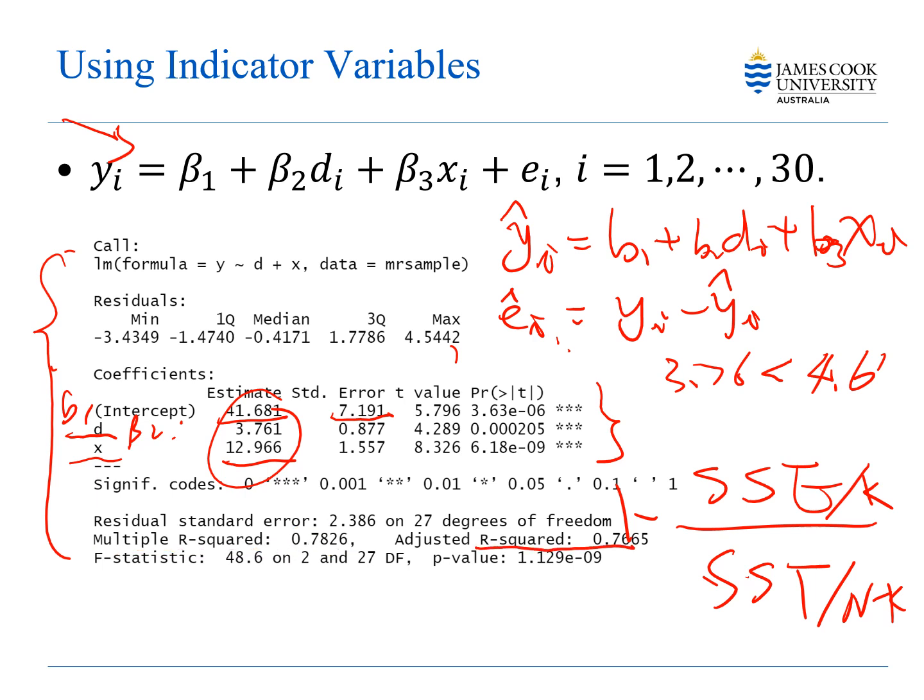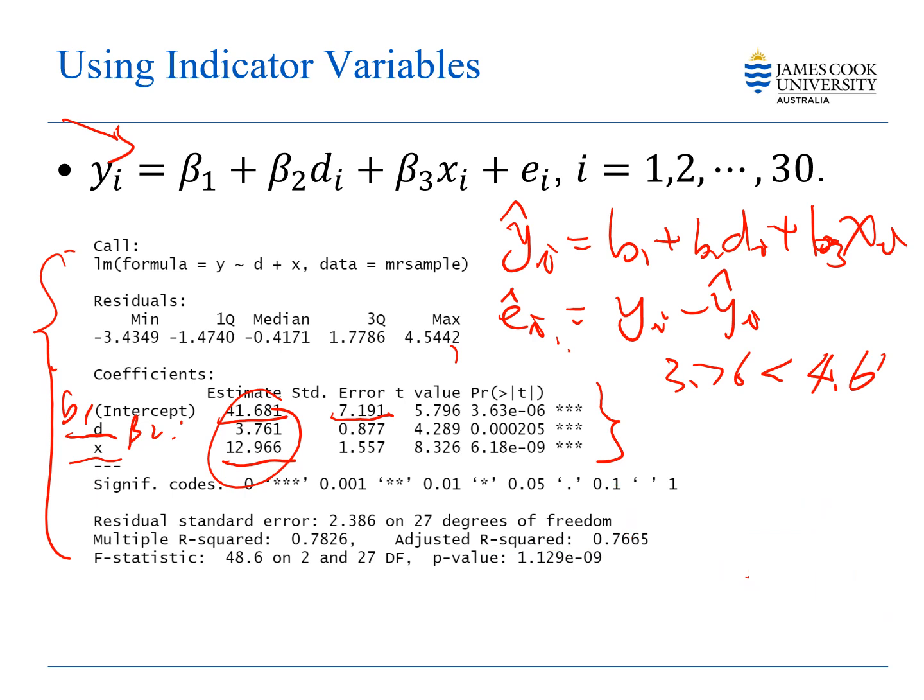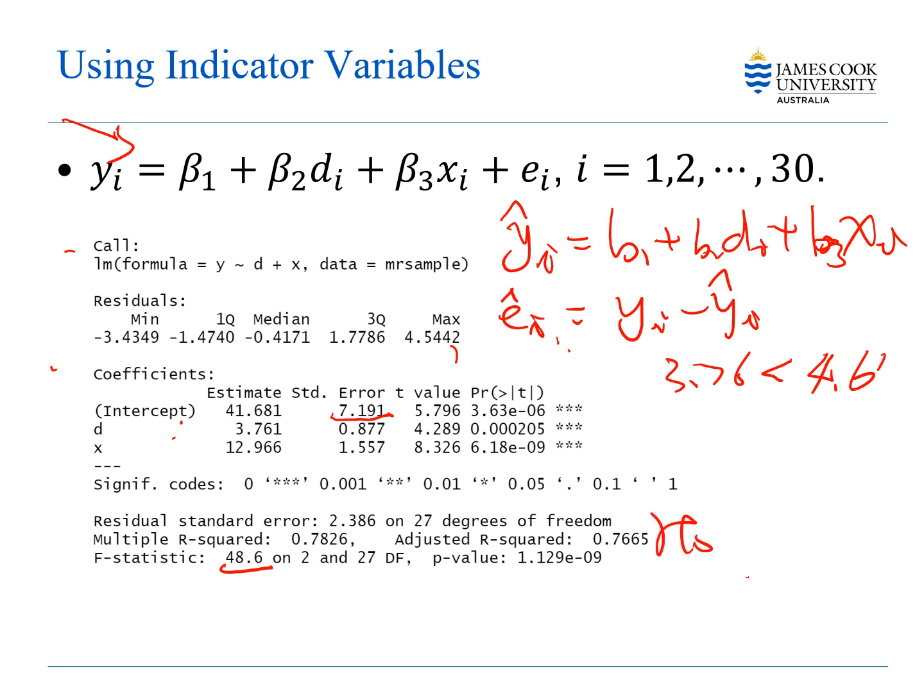F statistics. So here we are testing the null hypothesis that beta 2 is equal to 0, beta 3 is equal to 0. So the restricted model is Yi is beta 1 plus ei.